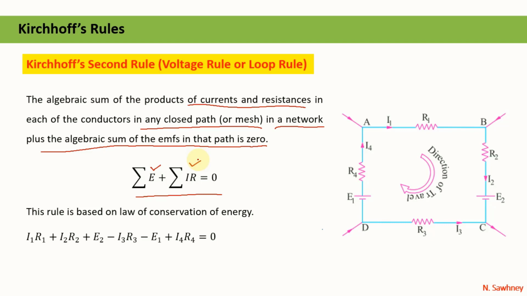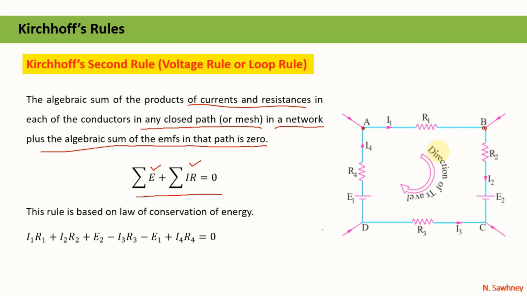Let us see this from the circuit here. See, I have mentioned here the direction of travel. That means we have to move clockwise. So we can start from any of the nodes. That means I can start from A, I can start from B, I can start anywhere along the direction of travel that you have to mention.